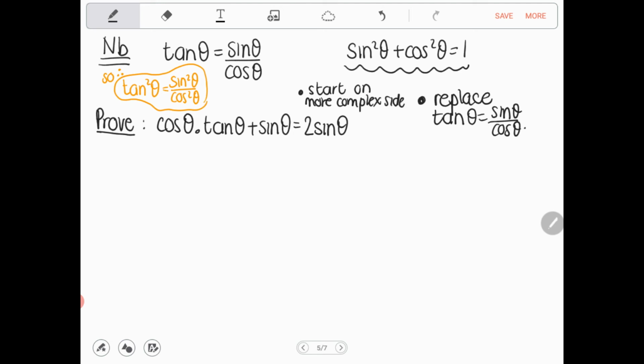Okay, so which side has got more terms? Well, in this case, it's the left-hand side. So here, left-hand side is 2 terms. Therefore, start on the left-hand side.